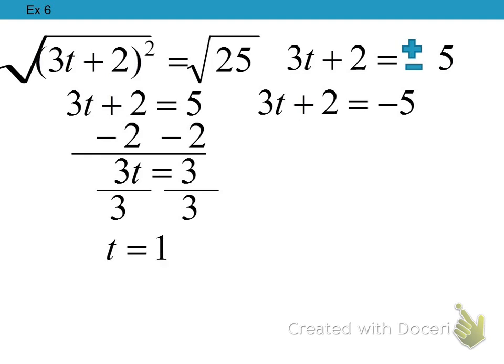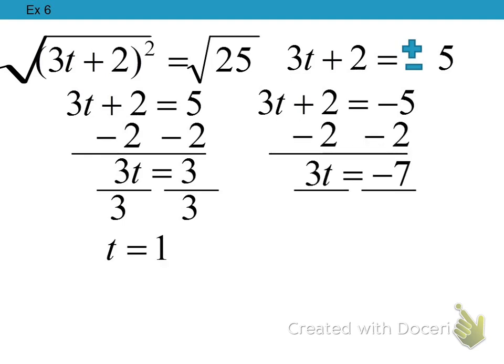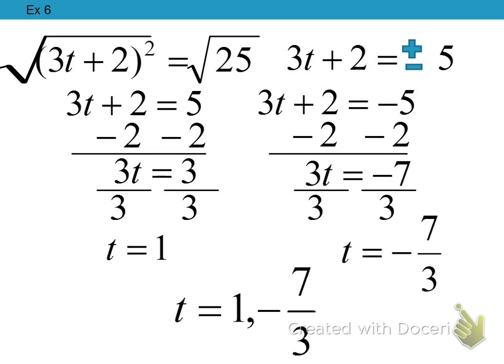On the first one, I get 1. On the second one, I get -7/3, because it's -5 minus 2, that's -7. All right, any questions?